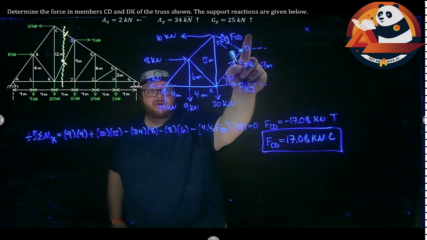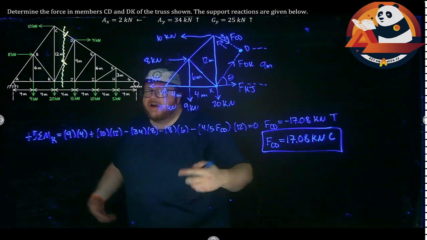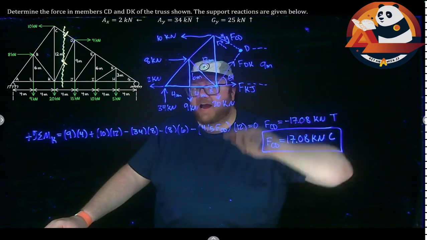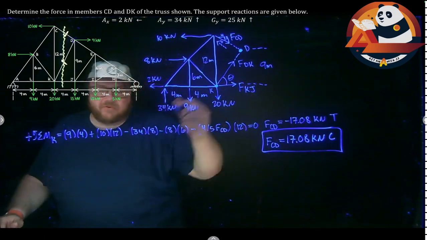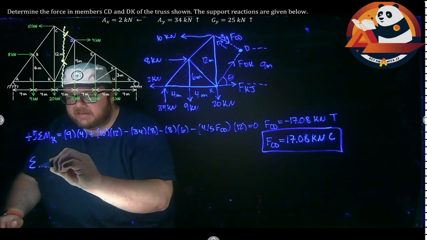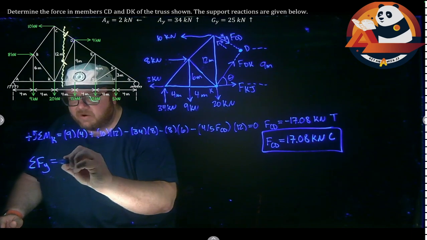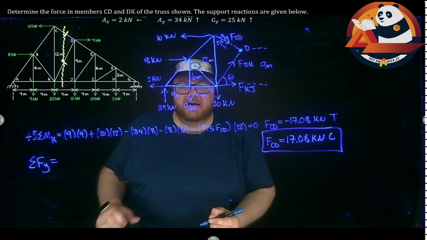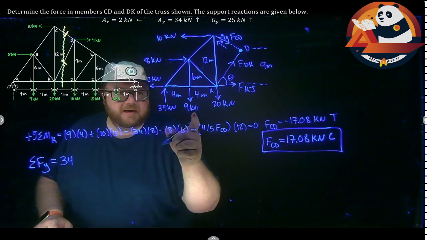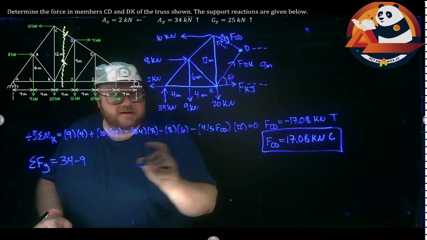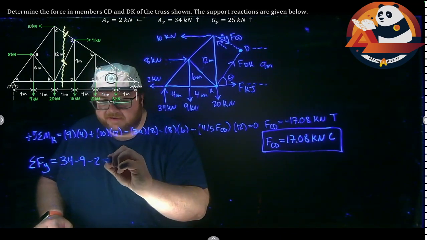Again, with FCD known, I have one unknown left. All right, 2 unknowns in my free body diagram. I only have to find FDK for this problem, though. So let's just sum forces in the y. If I sum up my forces in the y direction, I'm going to get 34. I'm going to get minus 9. I'm going to get minus 20.